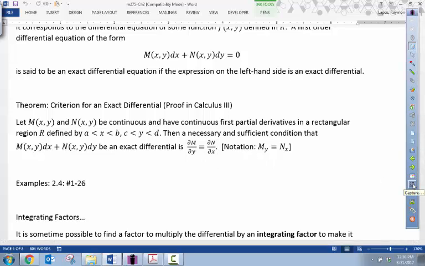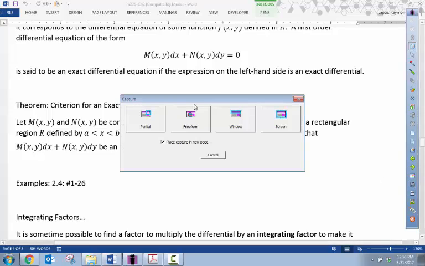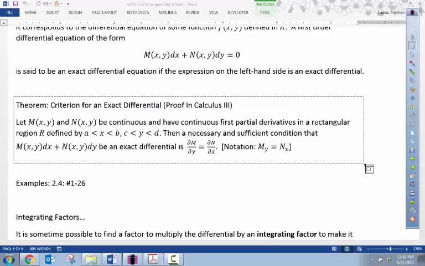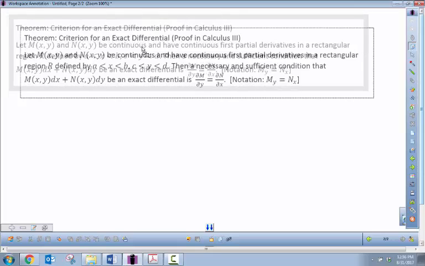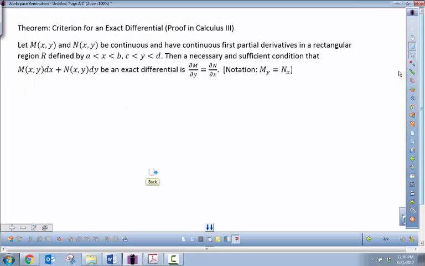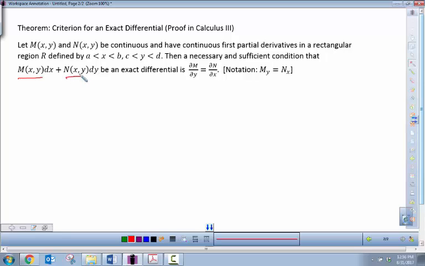The theorem says that in your differential, if we can find a relationship between m and n, these two functions, and the relationship happens to satisfy this equation where the partial of m with respect to y is equal to partial of n with respect to x, then we can say that we have an exact differential equation.